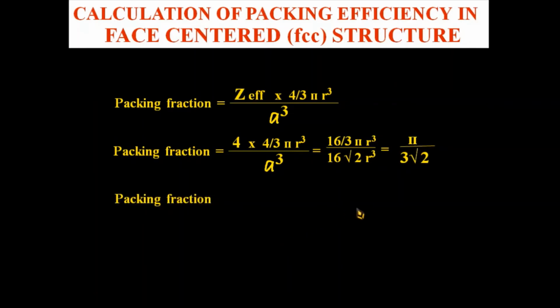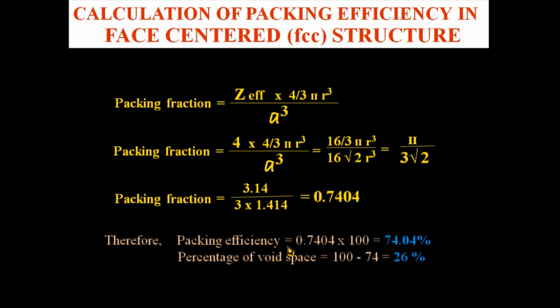And finally, when we put the value of pi, that is 3.14, and the value of root 2, we get packing fraction is equal to 3.14, which is the value of pi, divided by 3 into 1.414, the value of root 2. Here we get the value of the packing fraction 0.7404.